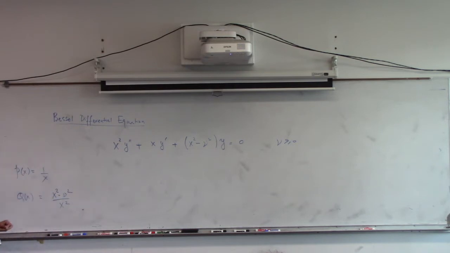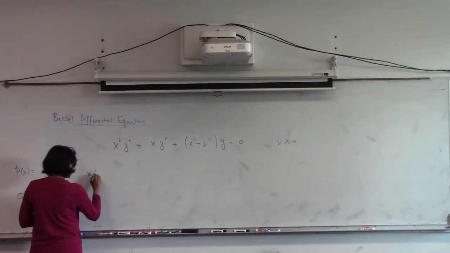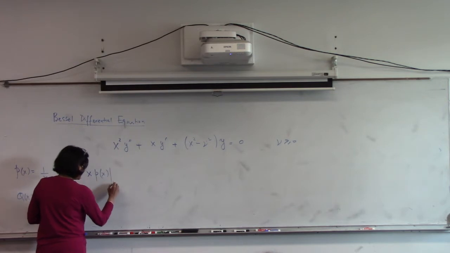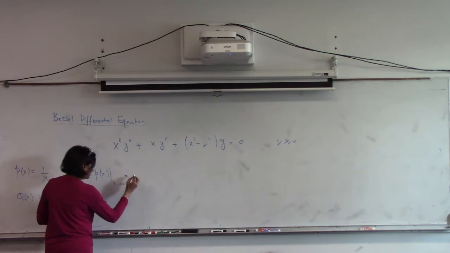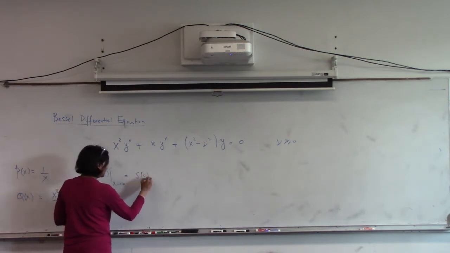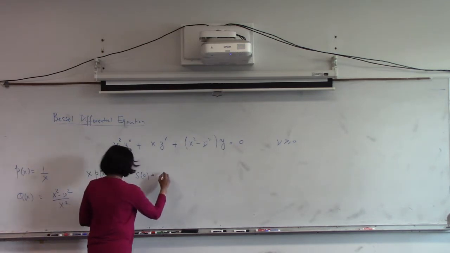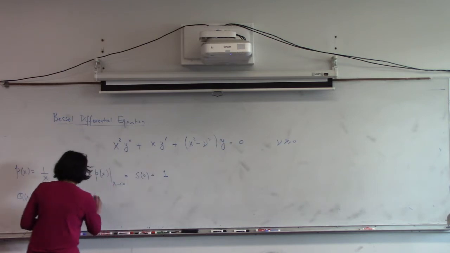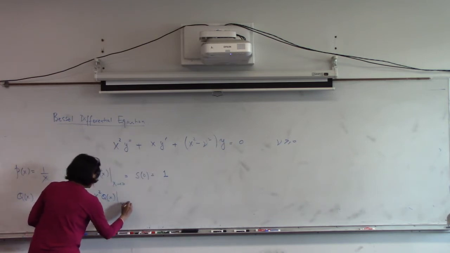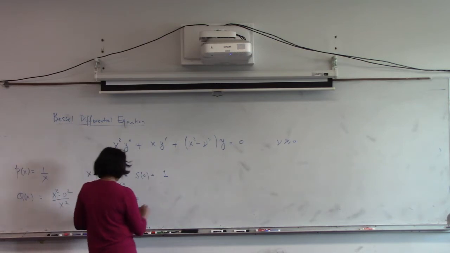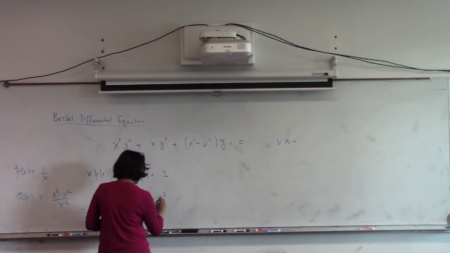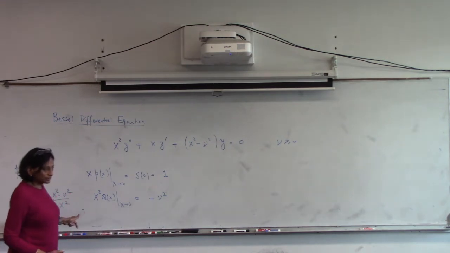Both of them blow up at x equal to 0. But x times p of x at x equal to 0 is 1, and x squared q of x as x tends to 0 is negative mu squared. So they are finite quantities.